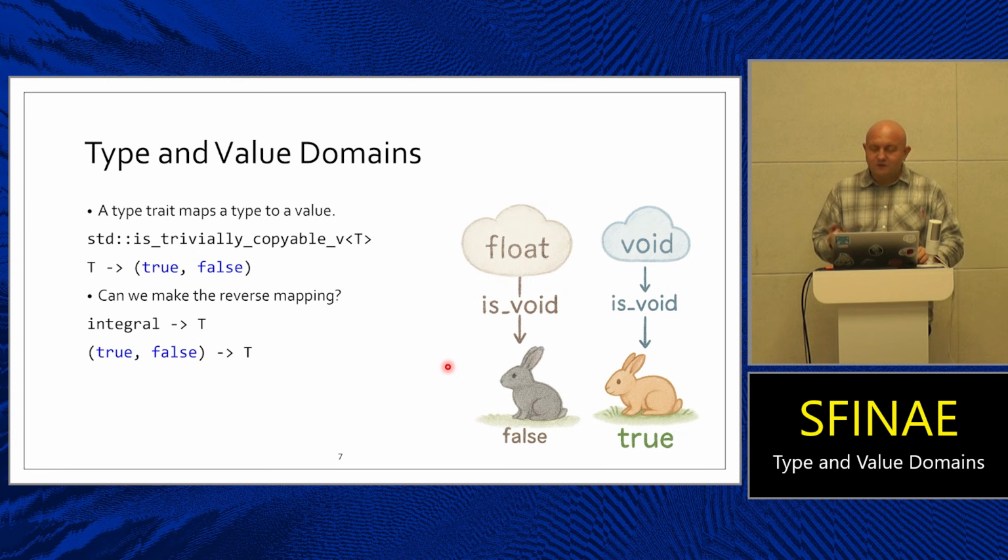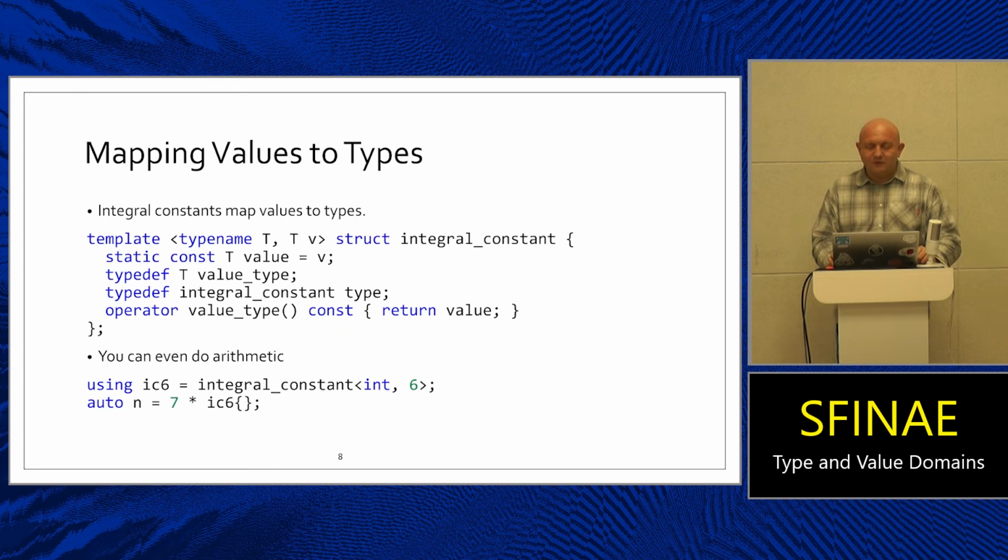Now think, what could we use instead of an array to encode types more efficiently? If you think hard enough, you probably will come up with something like integral_constant. Integral constant takes a value v of type T and maps it to a type. integral_constant of T and v is a type, an instance of this template.